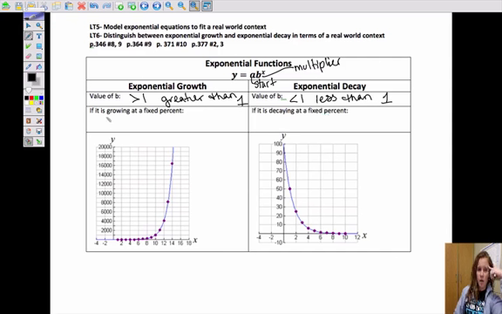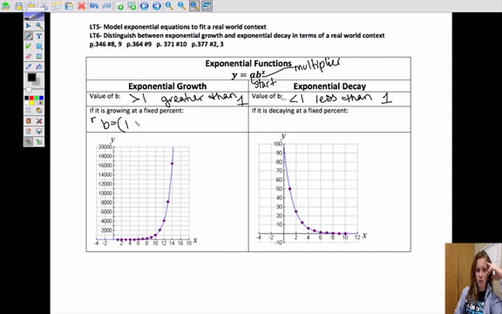And so if it's growing at a fixed percentage, a lot of times in these real-world contexts we're going to talk about percentages. Then we have what's called r, our rate of growth. If it's exponential growth, then we take b to equal 1 plus that rate.